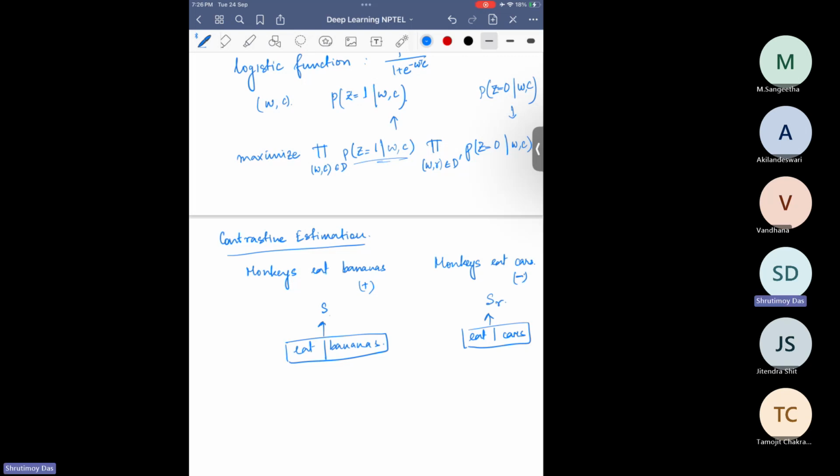We want S to be high because that is a positive thing. We always increase whatever positive thing we have, and anything negative we want to be as small as possible.